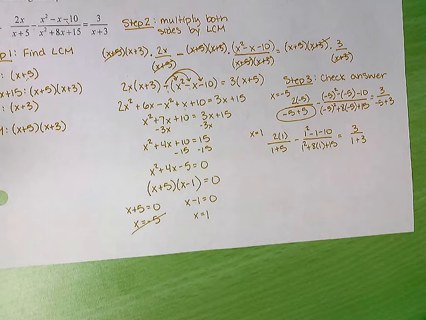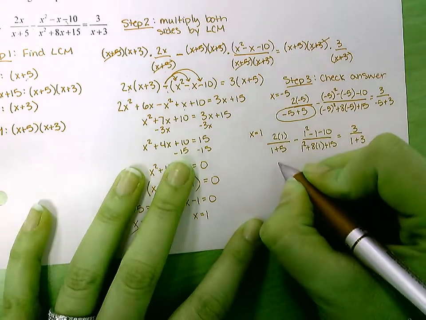In my denominators I don't see anything where it's going to equal 0 yet. So from here I'm just going to simplify.